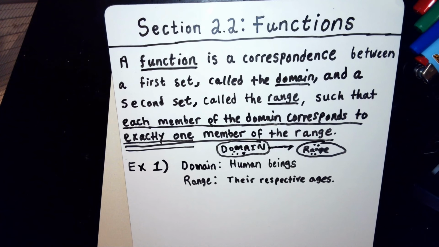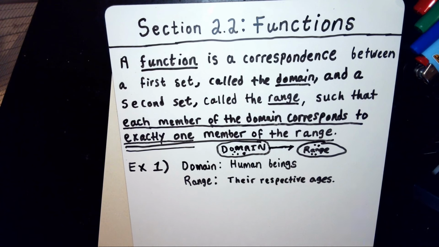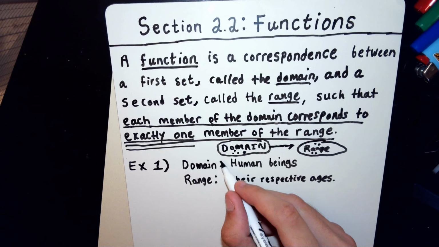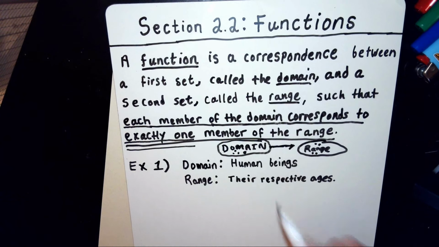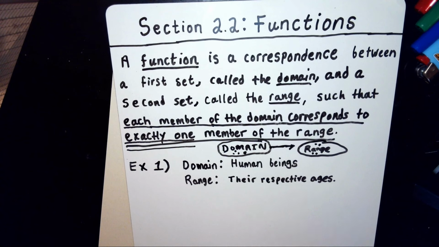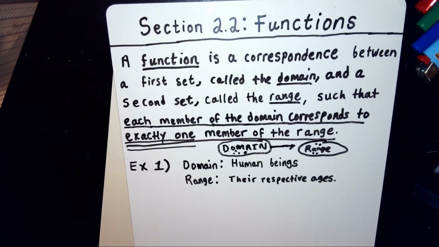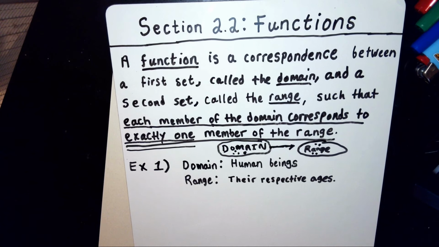Now that we've fleshed out the definition a little bit more, let's get into some examples. Here we want to think about whether this is an example of a function or not. Let's suppose that our domain, our first set, is just the set of human beings. There's 7 billion plus people on the earth, and we're going to view all of them, and the range will be each of their respective ages.